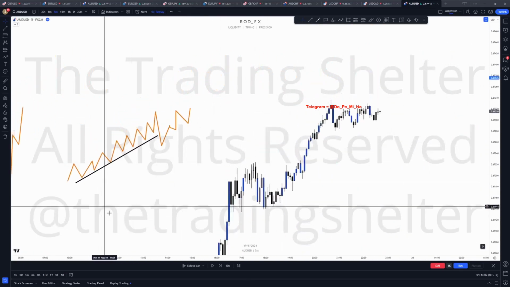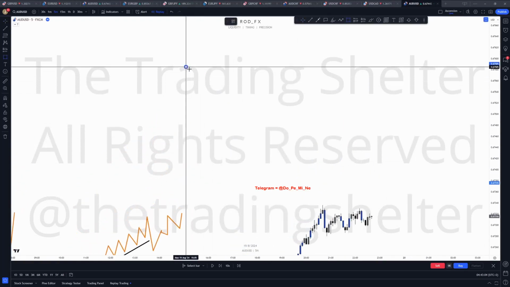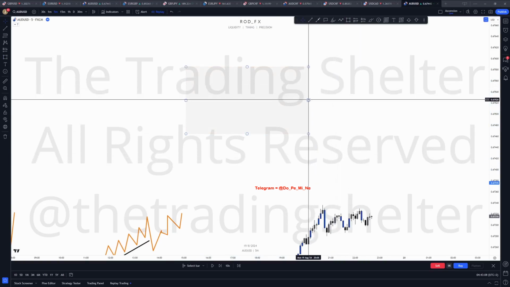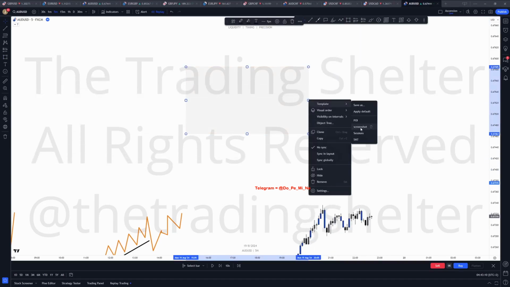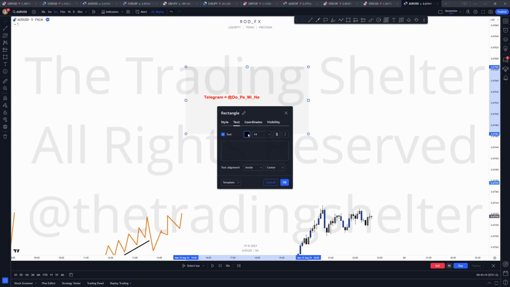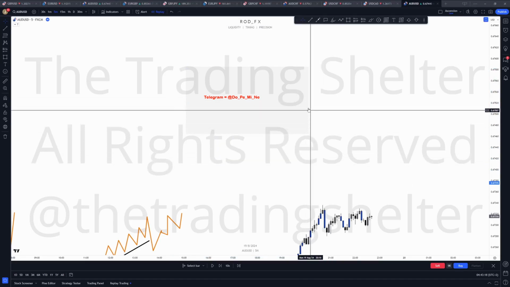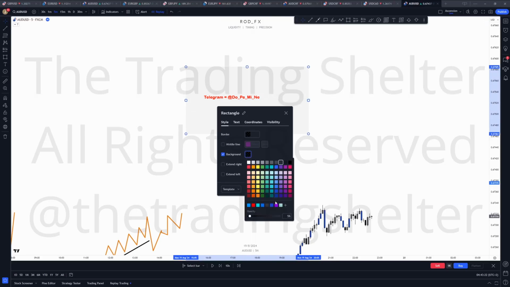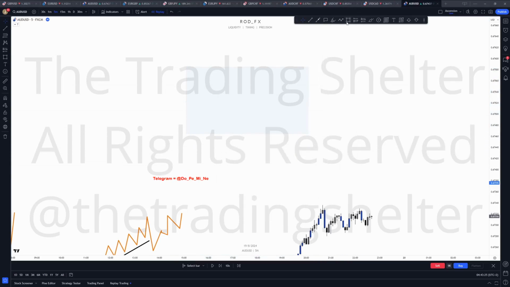So these are two variations of false breaker structure that are very important to spot. Because the last thing I want you guys to do, because I already know a lot of you make this mistake, is this.